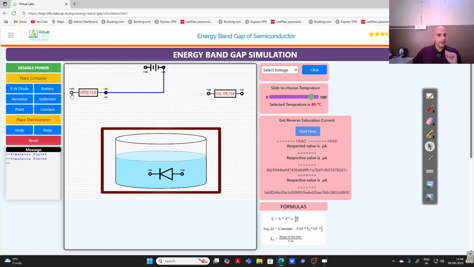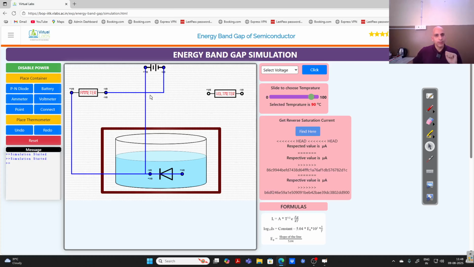Then the positive of the ammeter will go to this side. Now for the PN junction diode, the negative terminal of the battery is connected with the P side of the PN junction diode, and now you will go for the positive. Positive, you will go to this side, right? Now the positive terminal is connected with the N side of the PN junction diode. The PN junction diode is reverse biased.